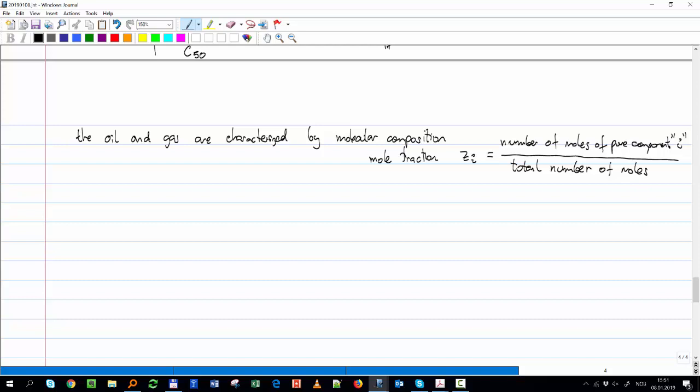That means that for my hydrocarbon, I typically have, for example, Zi. Let's say I have only 3 components, C1, C3, and C8, and this will be 0.4, this will be, I don't know, 0.3, and this will be 0.3. That means that particular fluid, and I'm not sure yet if it's oil or gas, is made up of 40% mole fraction, be careful, you have to see the units, mole fraction of methane, 30% mole fraction of propane, and 30% mole fraction of octane.